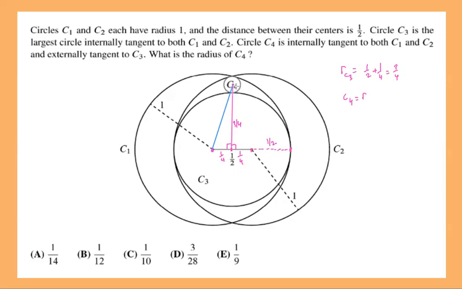And this is possible because if you imagine the segment from this point all the way to the tangency point of C1 and C4, that will make a straight line. The red line that I just drew is 1 because that's the radius of C1. Let me draw this a bit larger so we can see what's going on.